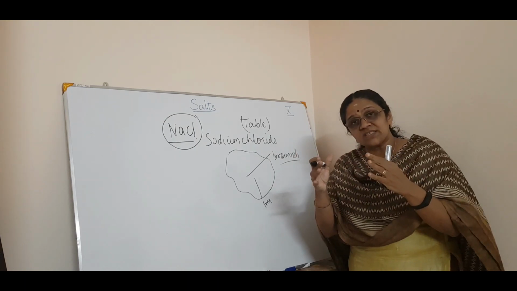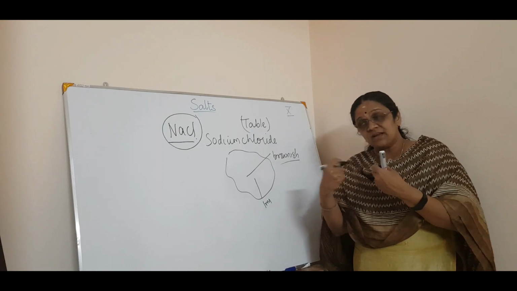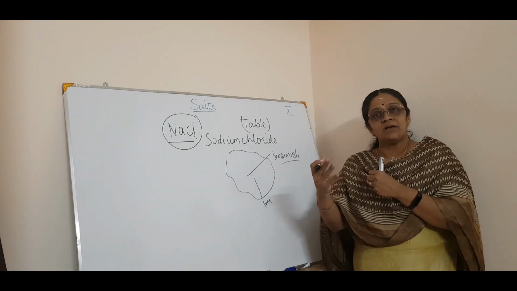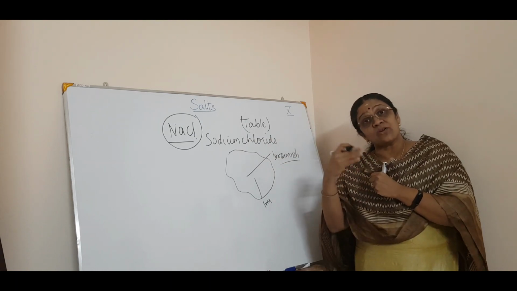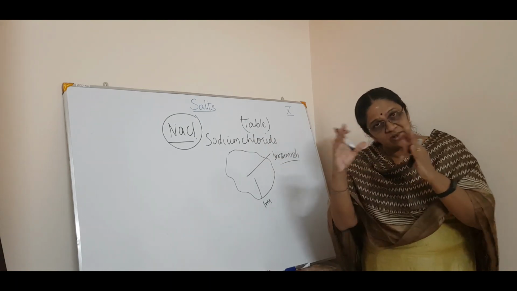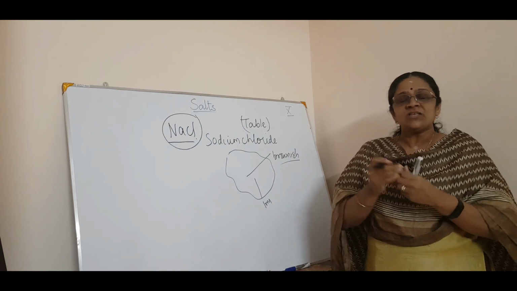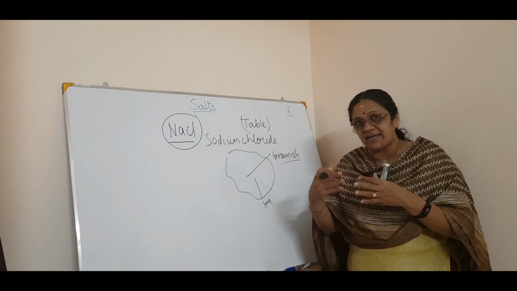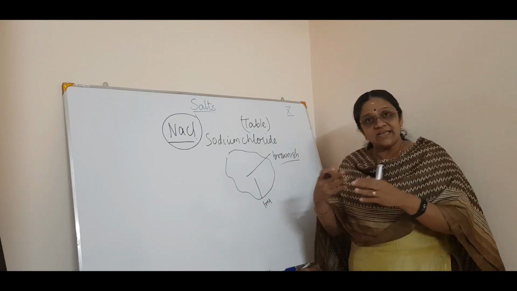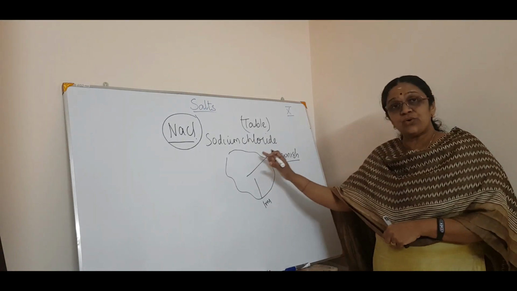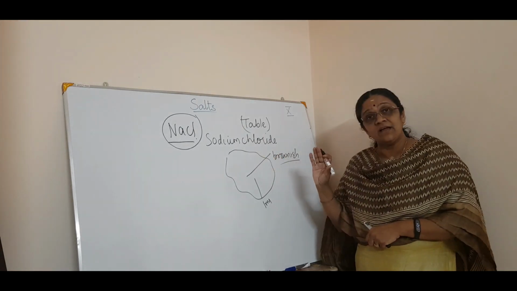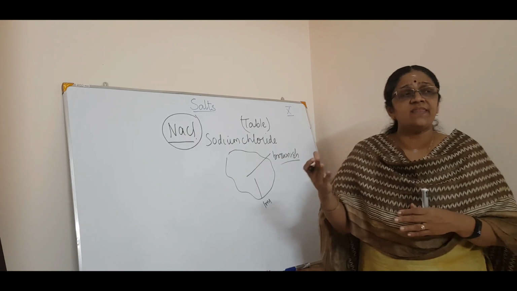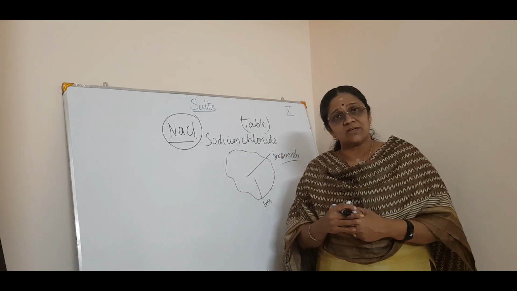And from these rock crystals, you can get this sodium chloride, and then you purify it, you will get sodium chloride. So that is called rock salt, because it is obtained from a rock-like structure. Okay, so you can dig it, the same way as we dig in the coal mines, isn't it? There also you can get the sodium chloride. So by so many methods, you can get this sodium chloride, the common salt.